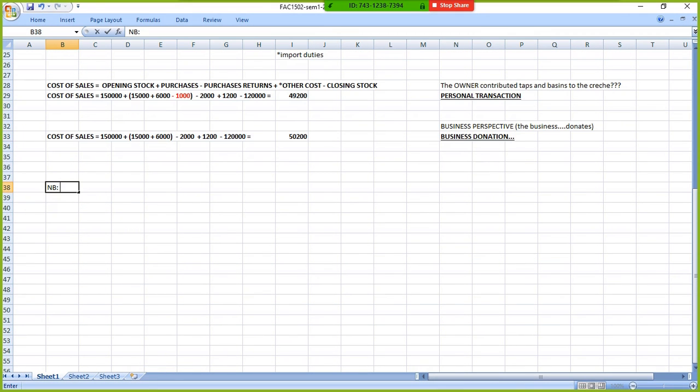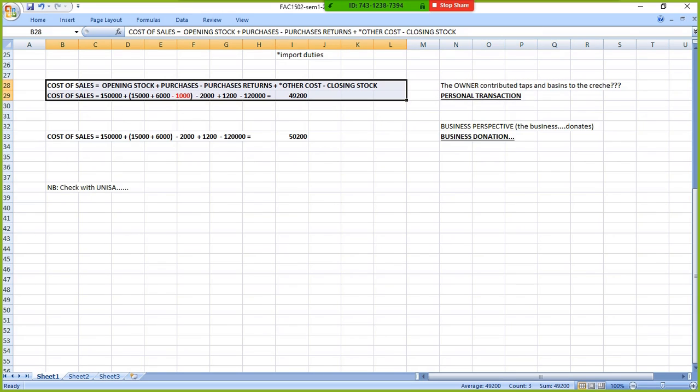Okay, check with UNISA. There are two possible answers. It's either 49,200, if you're assuming that the business is the one donating and the business would have to provide for the donation of stock, then you would do it as is.